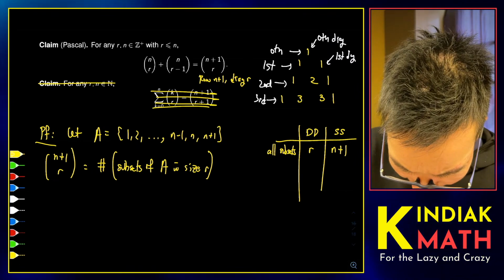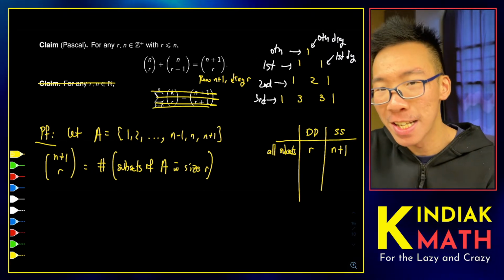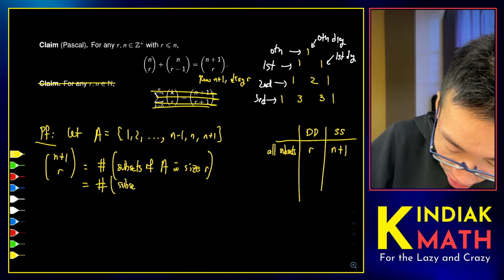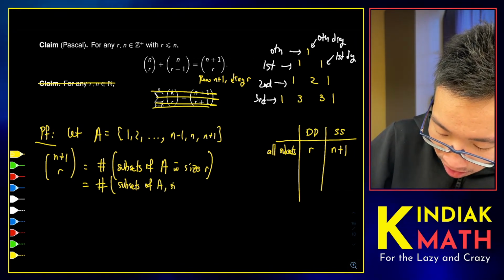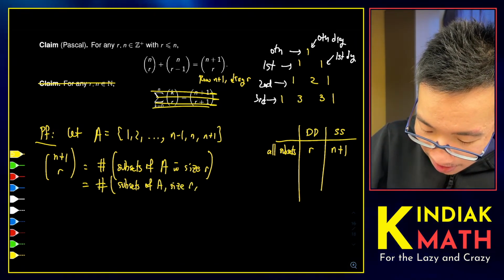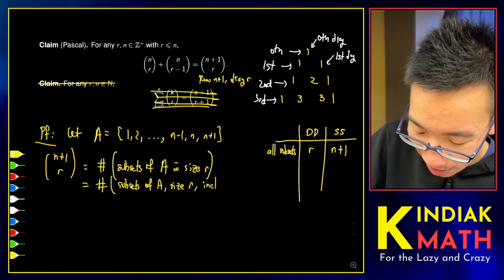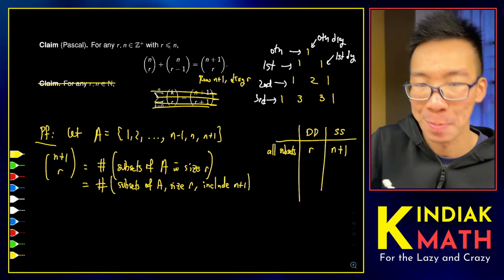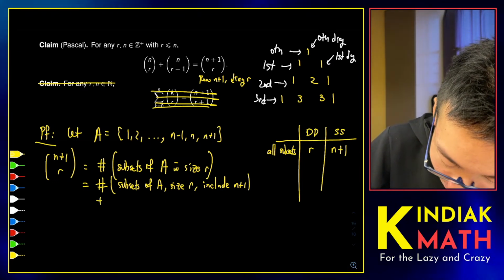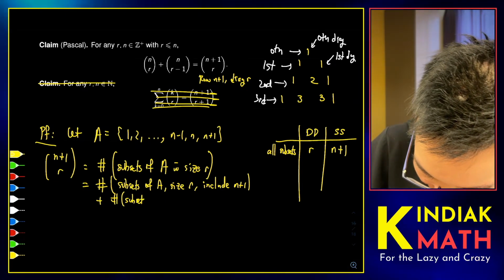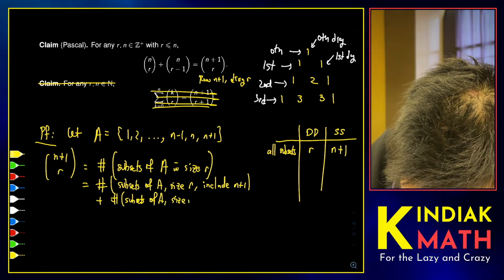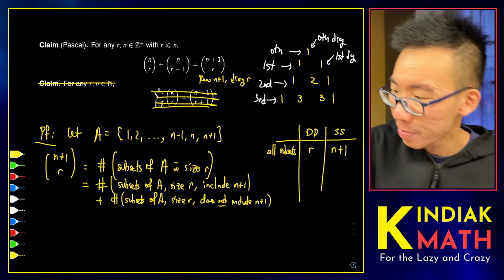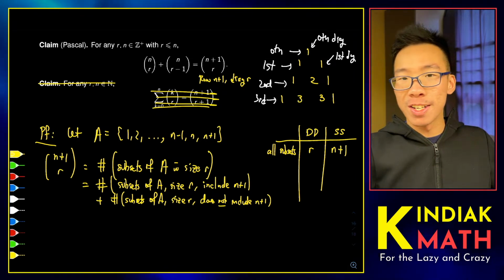And, okay, how do we continue from here? Now, here's the really clever insight. We can split this up into two cases. The first case is that these subsets will include the item n plus 1. Either a set includes n plus 1 or it does not.